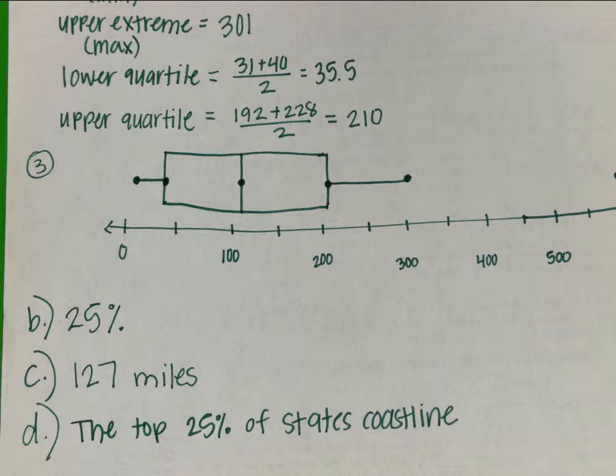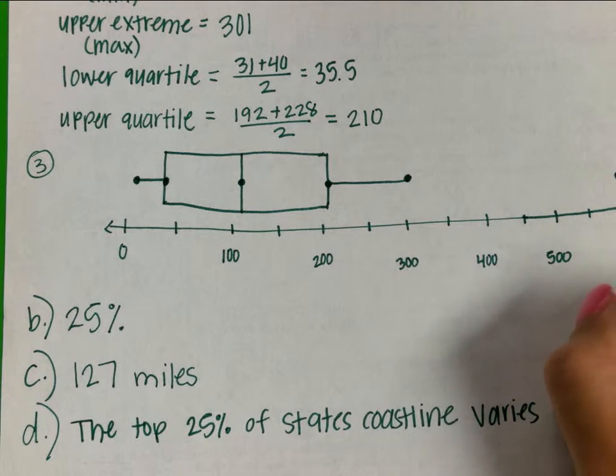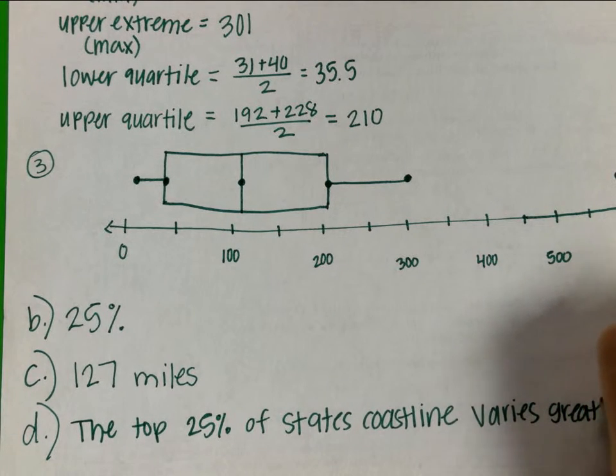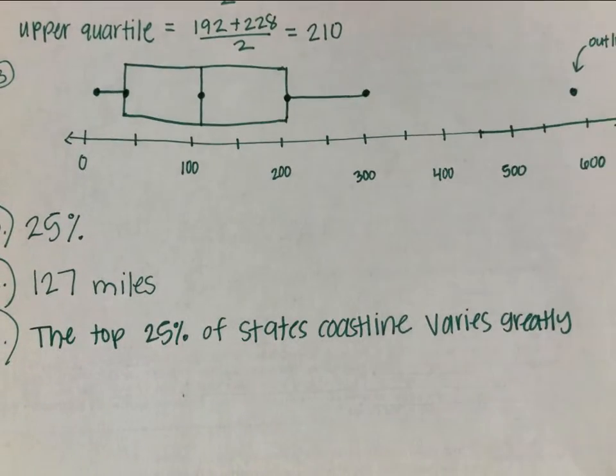Do you know what that means? There's a big difference, okay? Does that make sense? So if I say that it varies greatly, which you don't have to use all of this when you're doing your homework. Okay. It just is telling me that in the top 25%, there's a lot of difference in your coastlines. Okay.